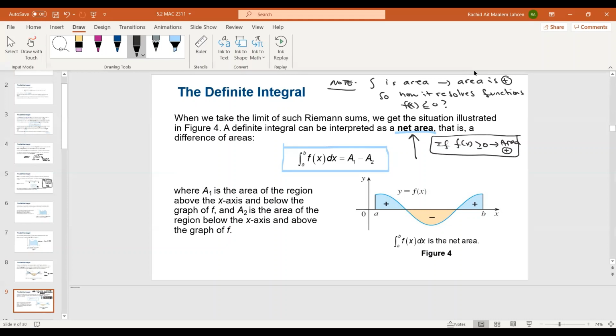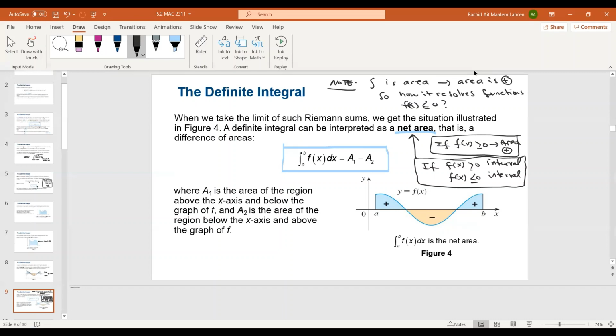But if we have this case, f of x above on some interval, and f of x is negative, which is below the x-axis on some interval, then you're talking about the net area. So that's a very important thing to understand, and a lot of people don't focus on it at the beginning, and the confusion just grows after that.